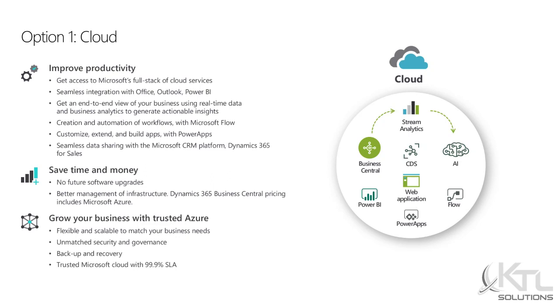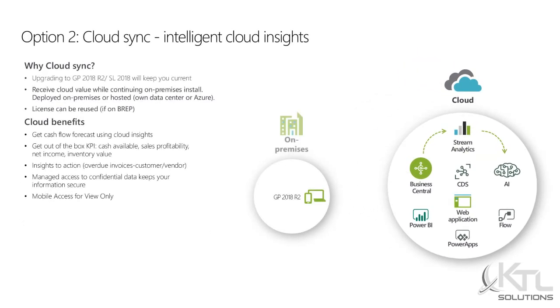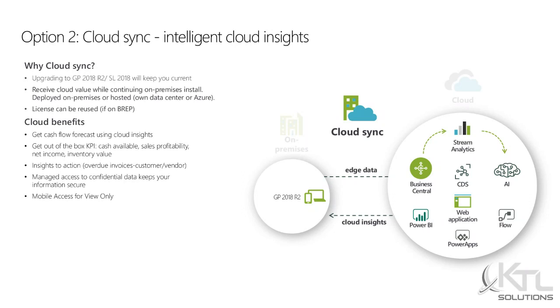The other option is what we would call more of a cloud sync or intelligent cloud sync format, and maybe even a hybrid type of format. So one option is to take your GP environment and move it to Azure. About 50% of our customers that we've been doing upgrades on in the last year to 18 months are doing their upgrades, but they are putting their environment in Azure.